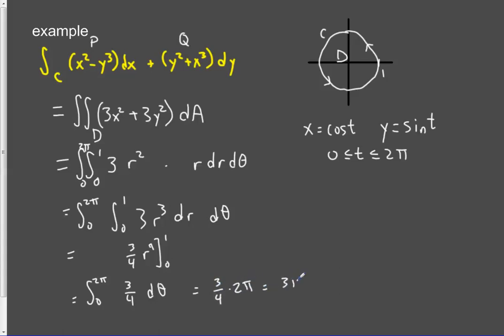So I think we're going to get 3 pi over 2. And that will be the answer. And that was easier than trying to wrestle with all these sines and cosines and trying to do those antiderivatives back here. Okay, so there's an example of using Green's theorem to do a line integral by turning it into a double integral.